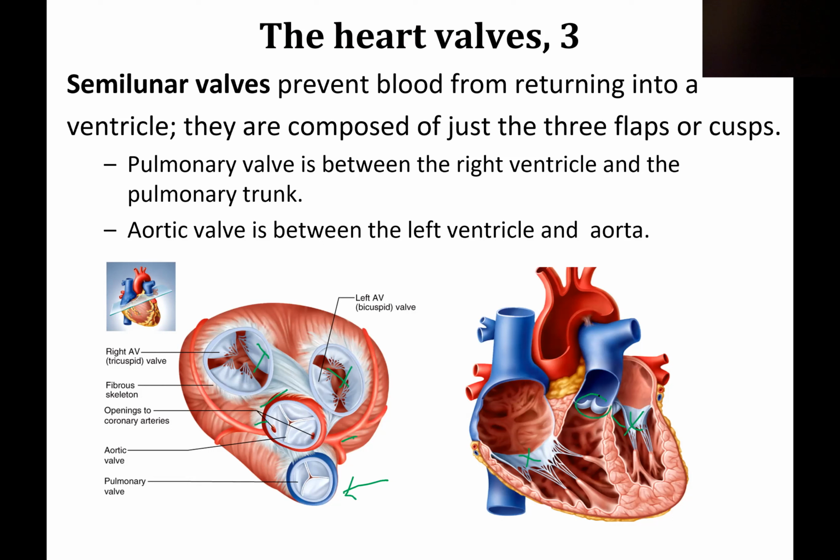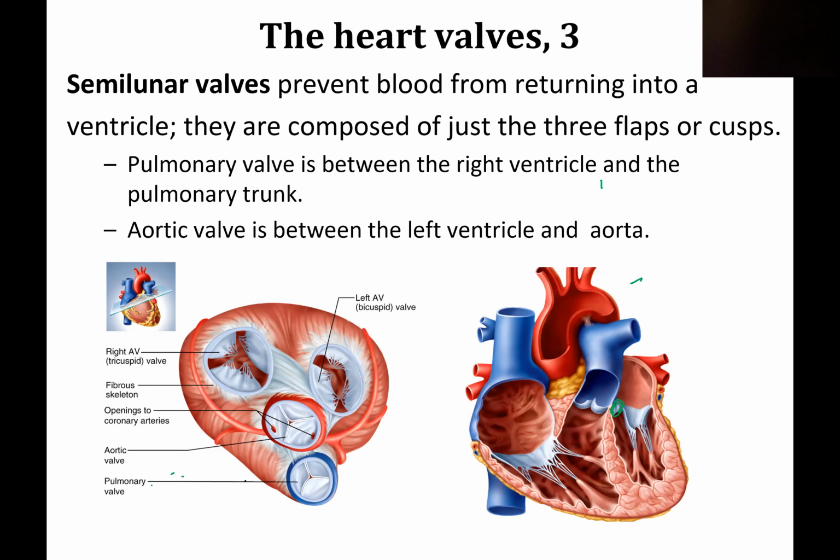This is another view of the pulmonary valve leading to the pulmonary trunk. So it's named for the large artery that the blood is supposed to go into. The aortic valve is not something you can really see in this picture here on the right. You can see a little bit of it right here.